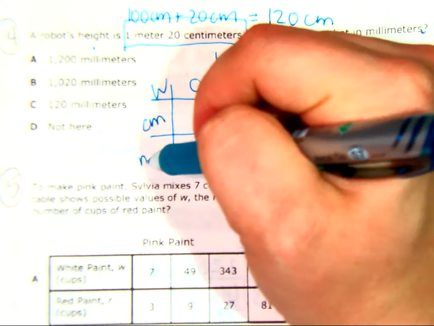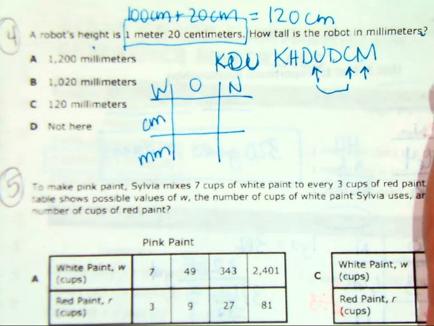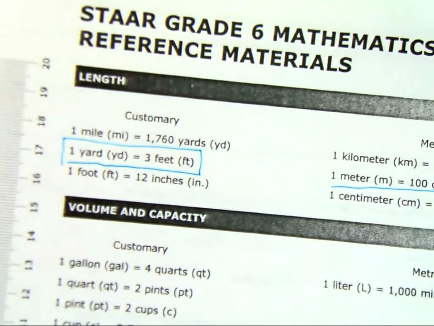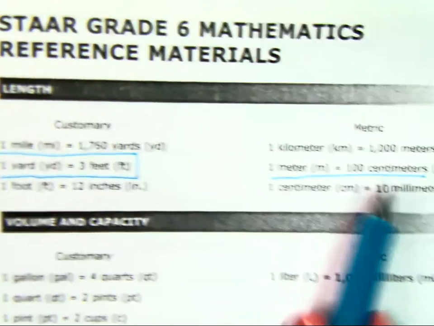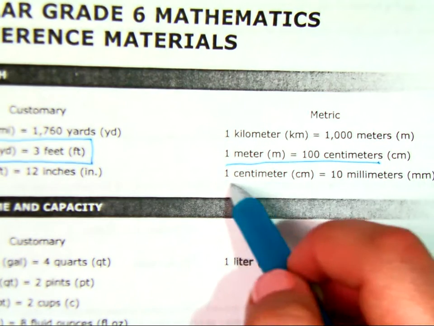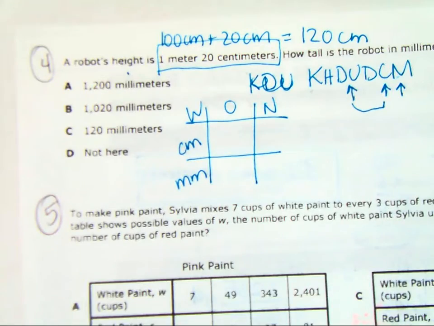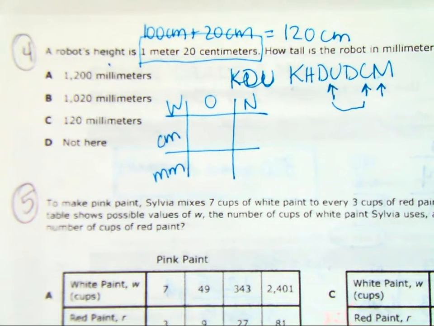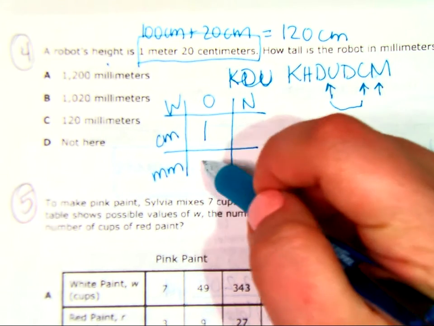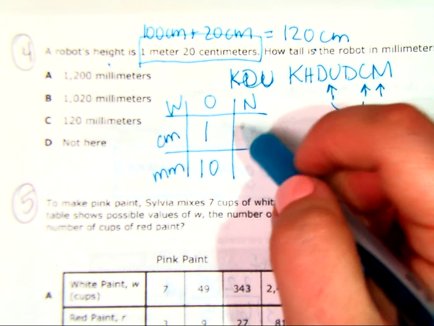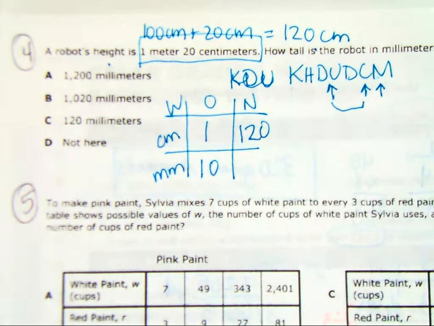comparing centimeters and millimeters. The original ratio comes from your conversion chart. So now we're looking at the relationship between centimeters and millimeters. For every 1 centimeter, there are 10 millimeters. So 1 centimeter is the same as 10 millimeters. And our robot's height we now know to be 120 centimeters.